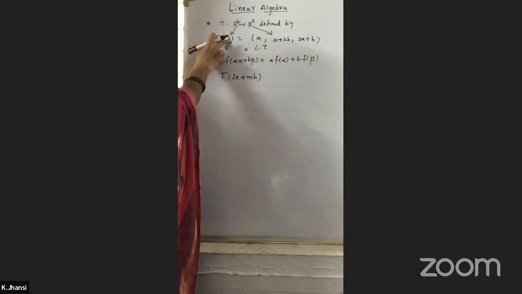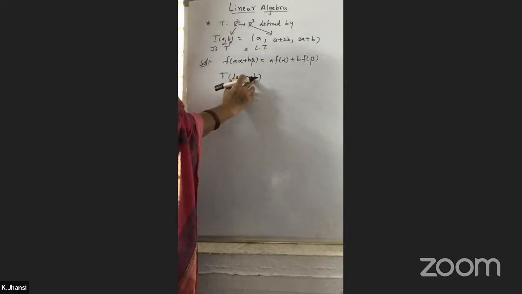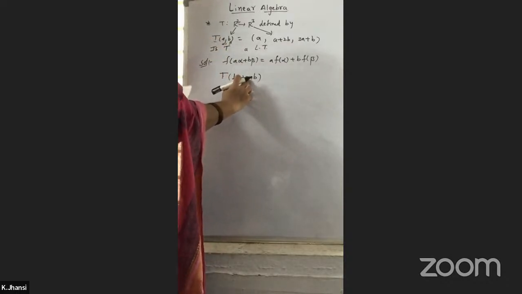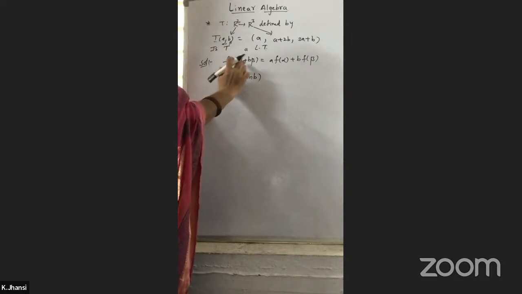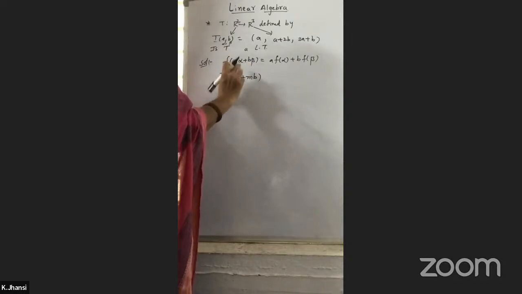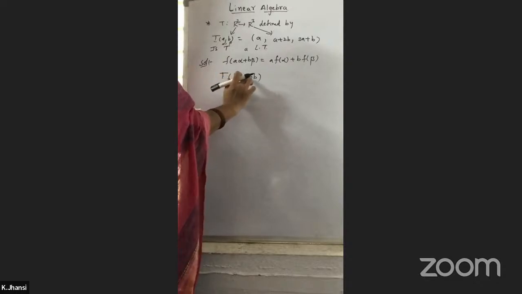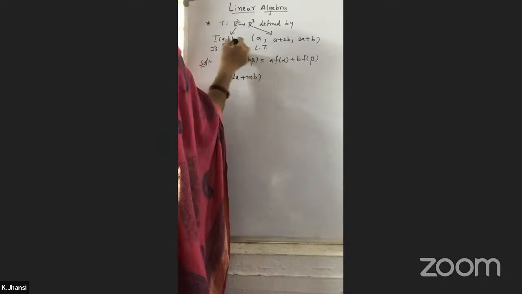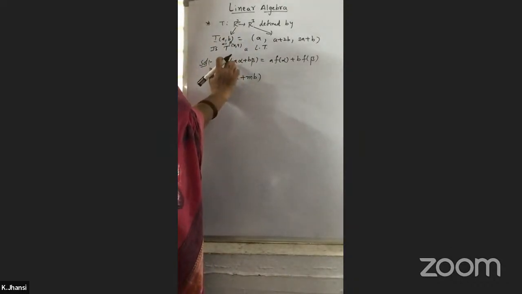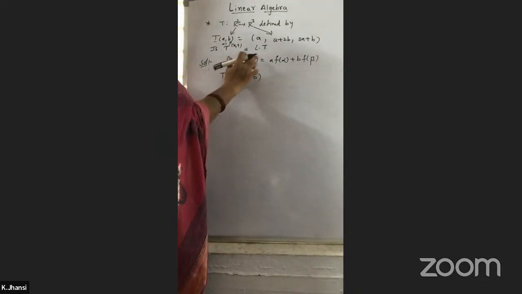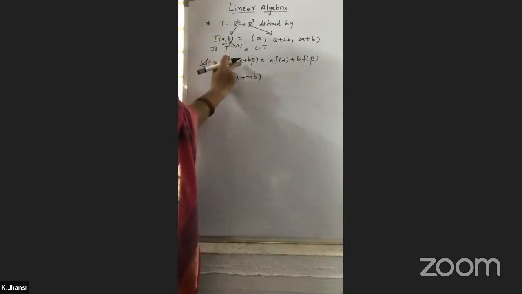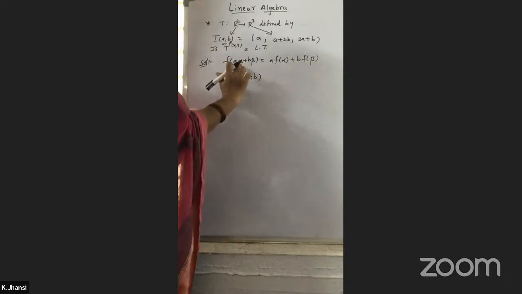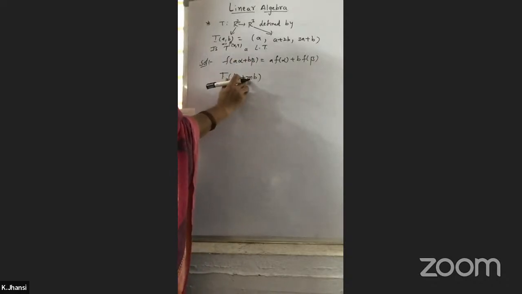But here a and b are the vectors of this transformation, and L and M are the scalars. If x comma y were given in the question, you could write x alpha plus y beta. Here a comma b are already there, so we are using the same a comma b, and instead of a and b as scalars, we are using L and M.